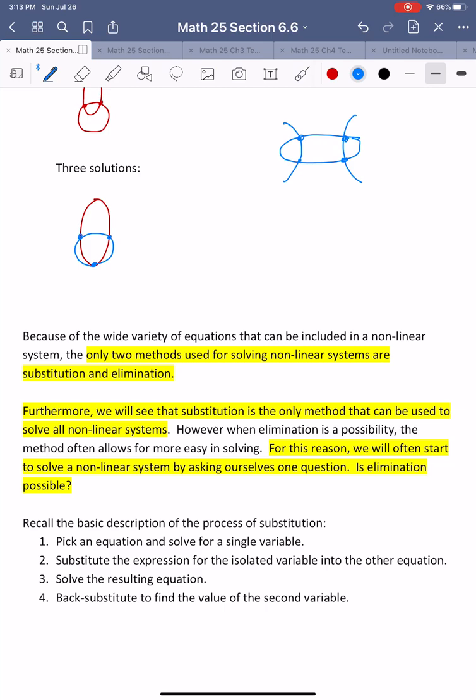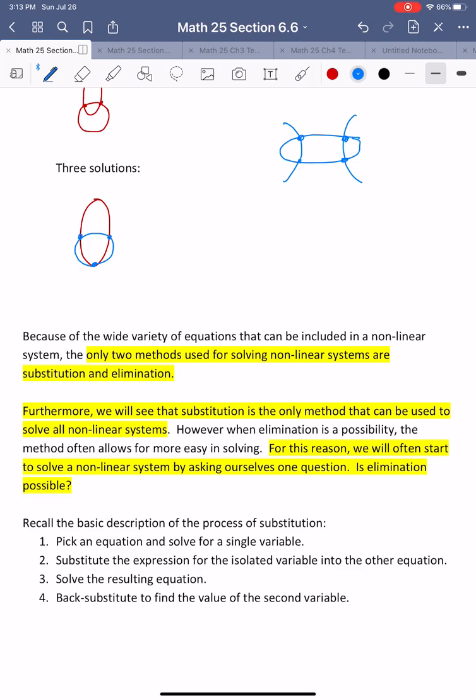For this reason, we will often start by asking ourselves one question: is elimination possible? If elimination is possible, use that first. If not, then just use the substitution method. But we cannot use matrices and Cramer's rule for this, because Cramer's rule and matrices are only for systems of linear equations.